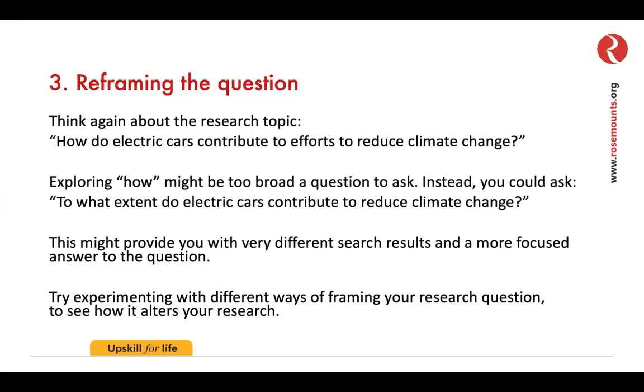Instead, ask to what extent. Interestingly, every time you tweak your search terms or reframe your question, you will find that the results are changing. So try experimenting with different ways of framing your research question and see how it alters your research.